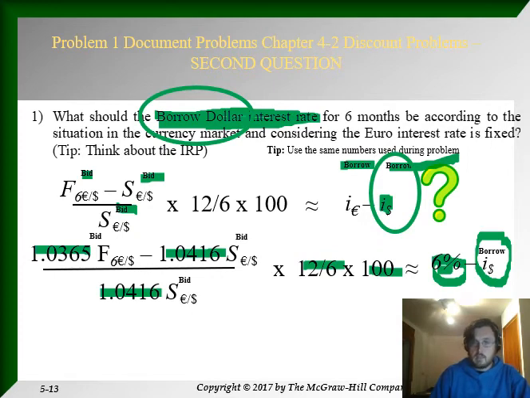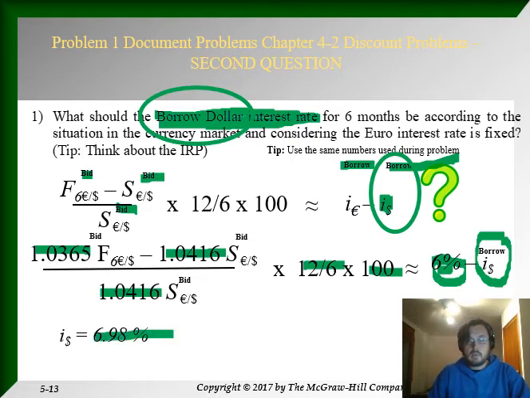You can practice a little bit with your solving for x skills, okay? And then you should get 6.98%. With that interest rate, we will be in equilibrium, and the amount that you can get in both countries will be the same.